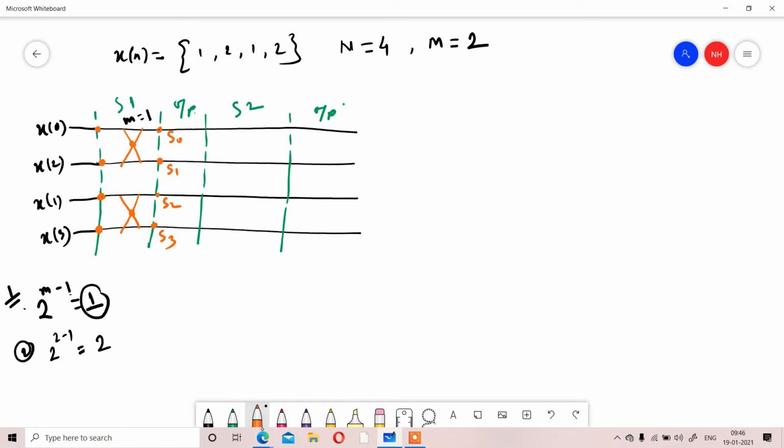So for stage 2, the first bit will be connected to the bit with separation 2, and the butterfly will be that. Similarly, this bit will be connected to that bit and the butterfly will be that. Okay, so the output will be in the normal order, meaning simply x0, x1, x2, x3. So this is your output. So this will be your butterfly.